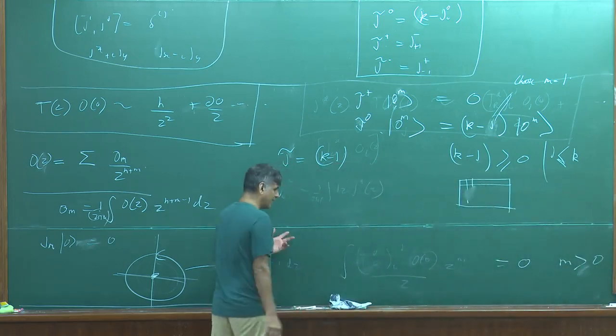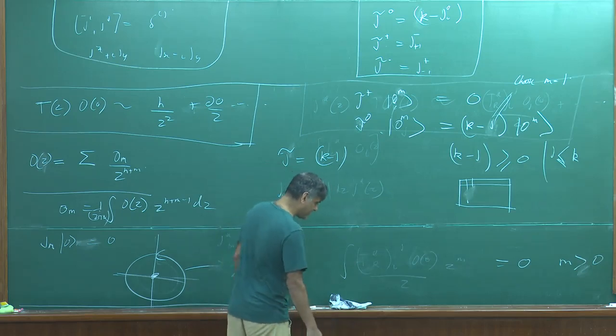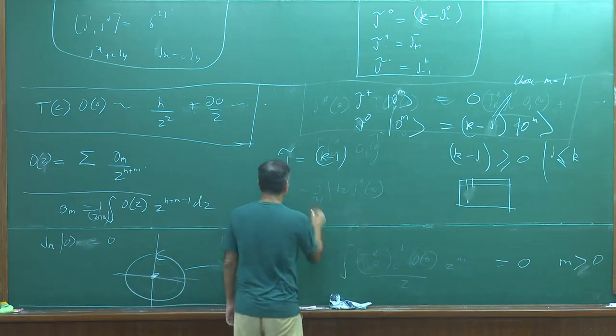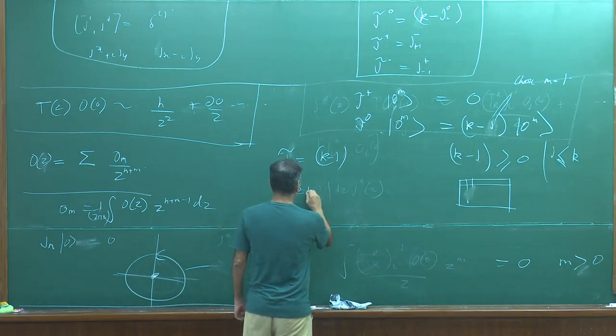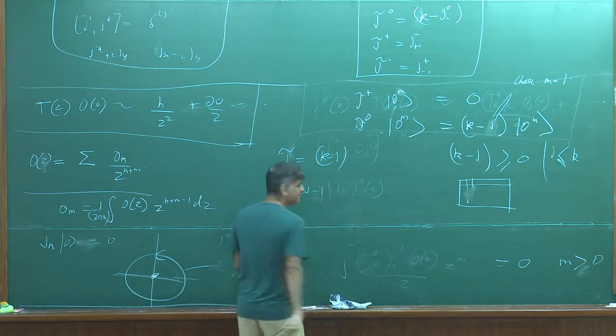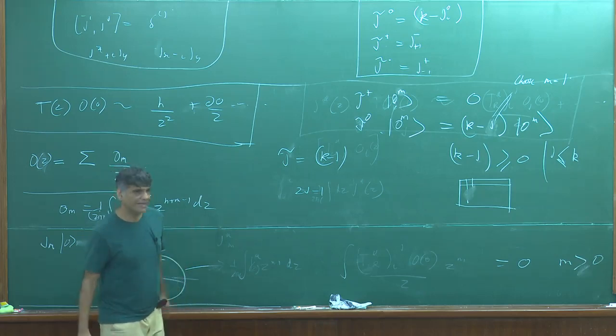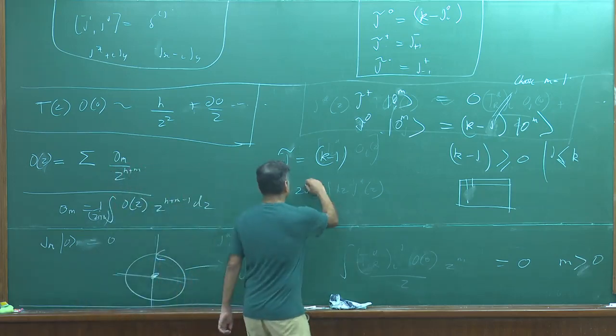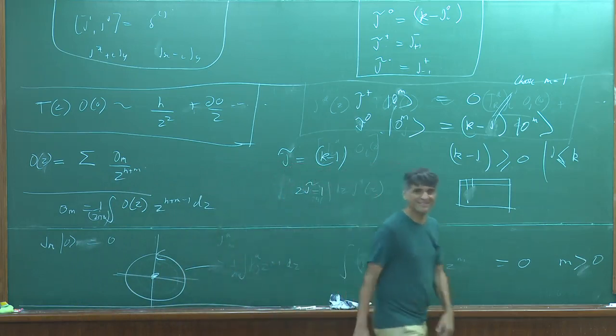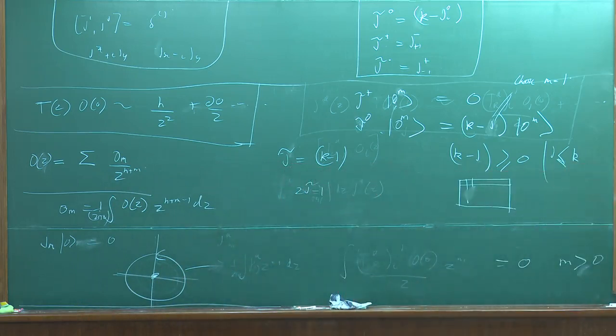Spin 3 halves we lower thrice. So 2j minus 1, is this right? Spin half gives 1, spin 1 gives 2.